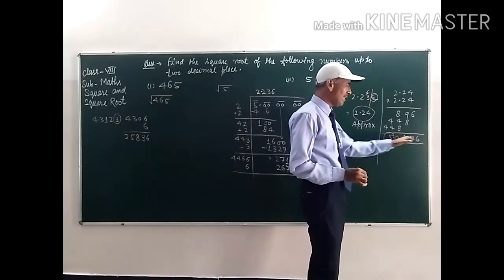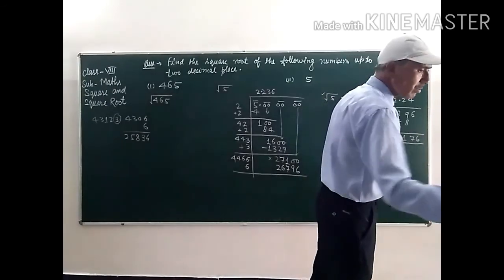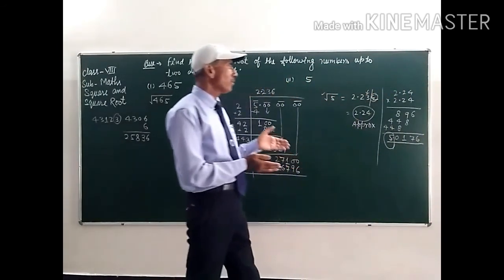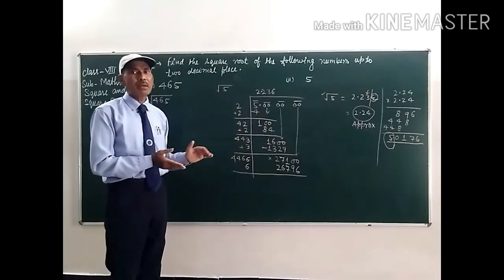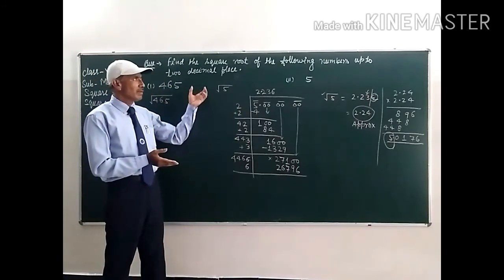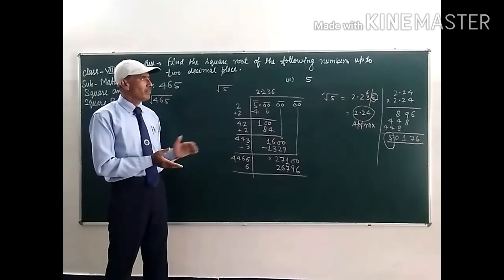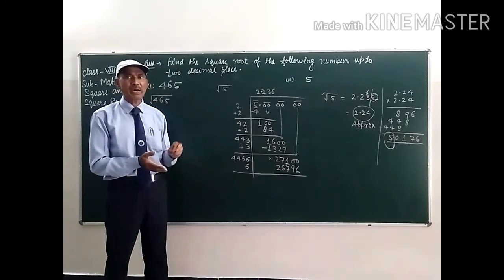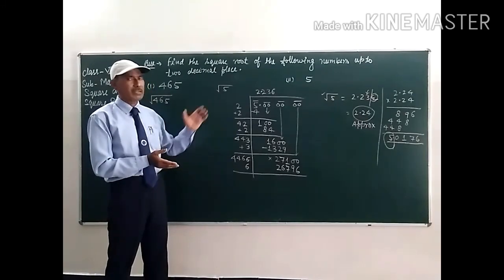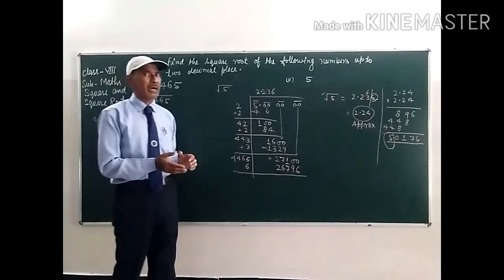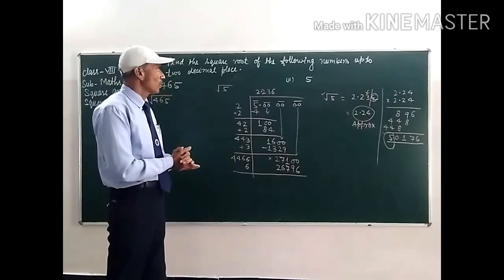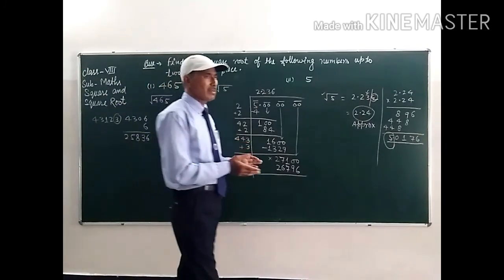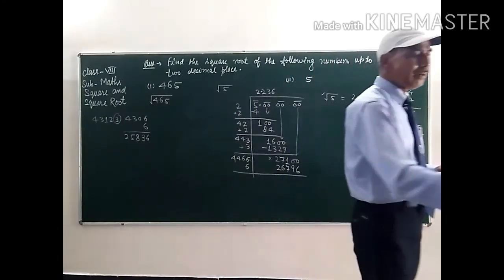That is negligible. So we can find the square root of any number by using the division method, whether the number is very small or very big. I think it is clear.